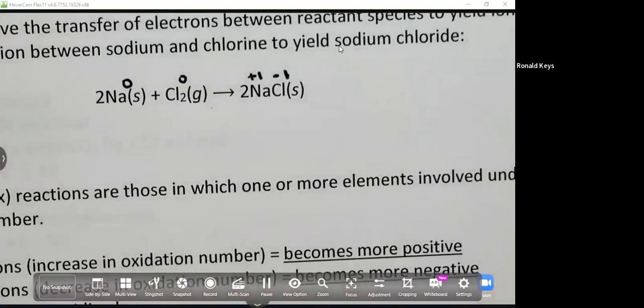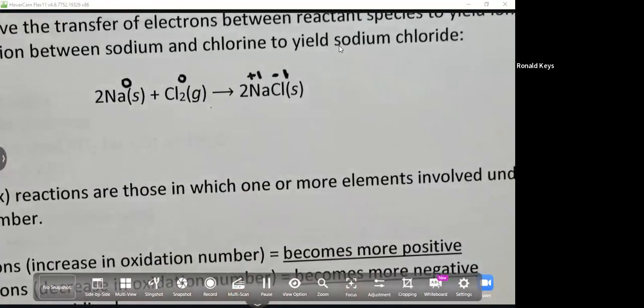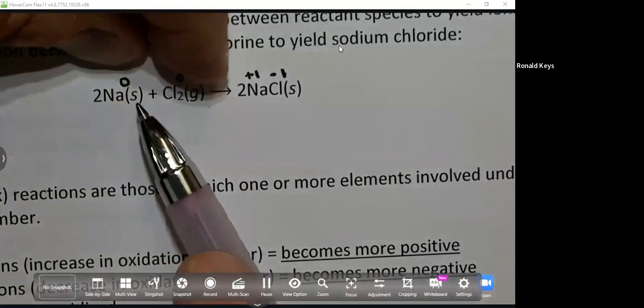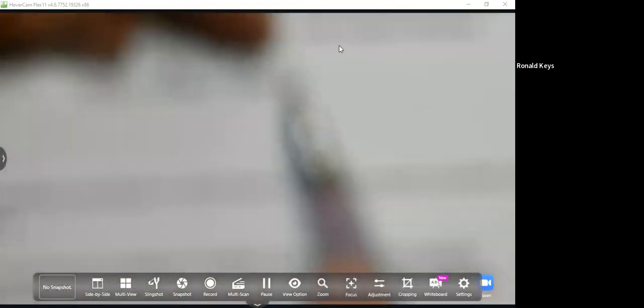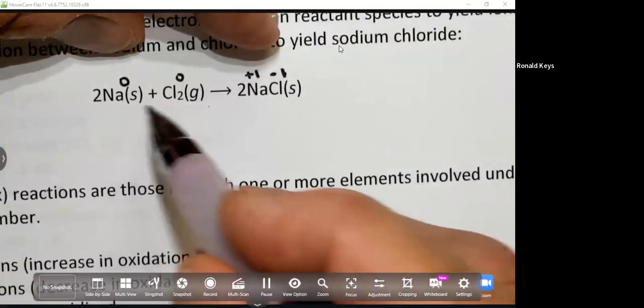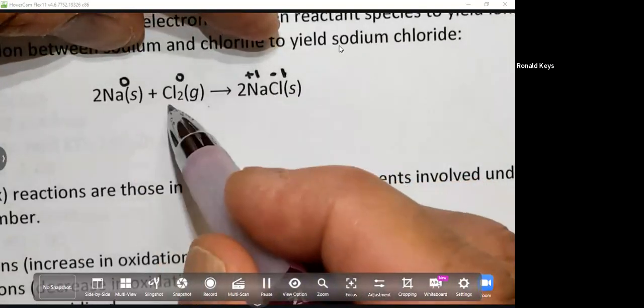Now, here's how you make this easy. The word reduction: things have to get more negative. We're reducing something. Which one of these from left to right is getting more negative in charge?